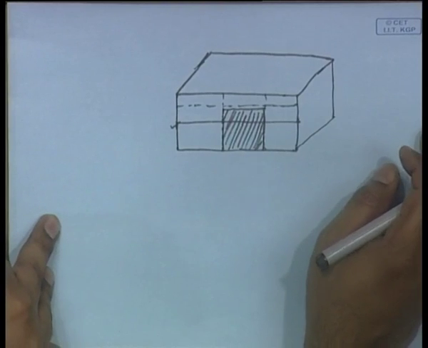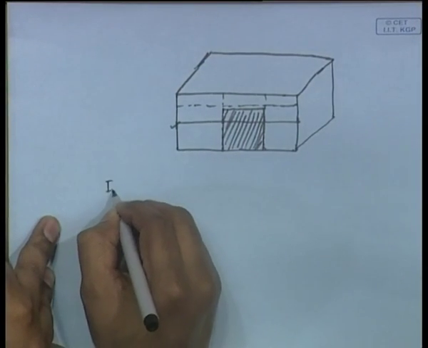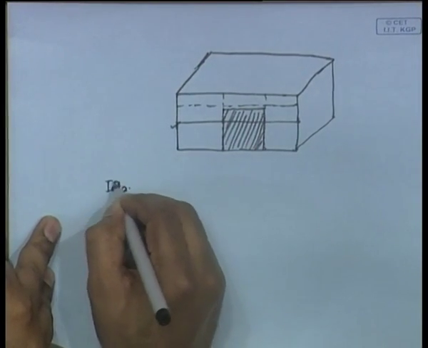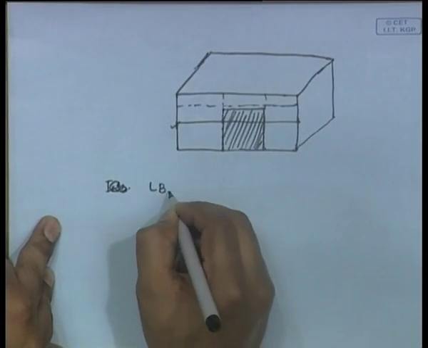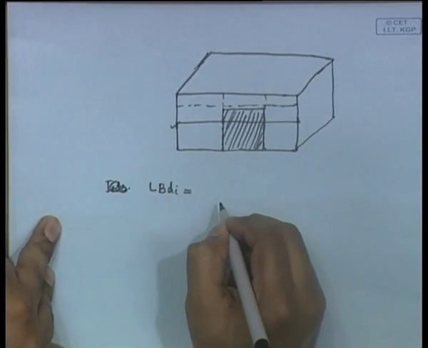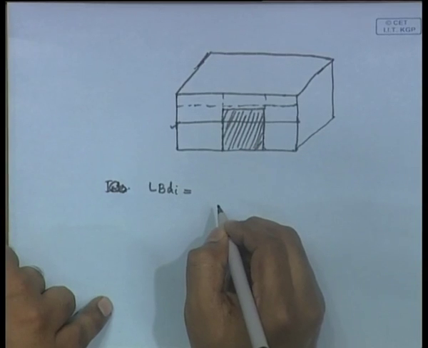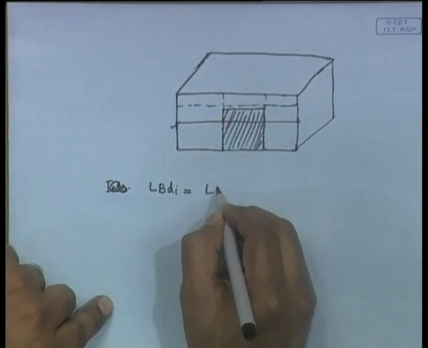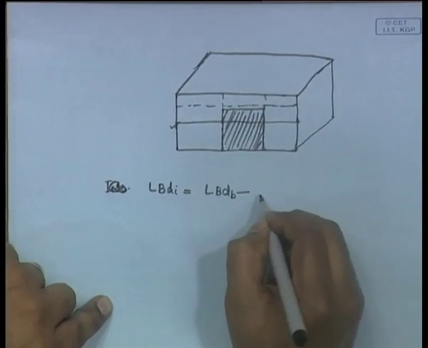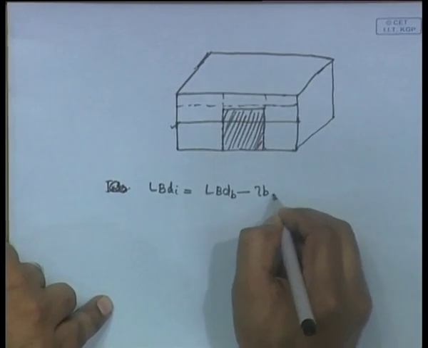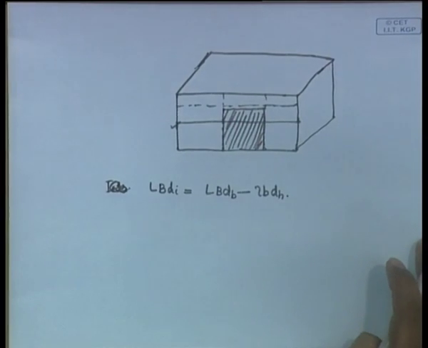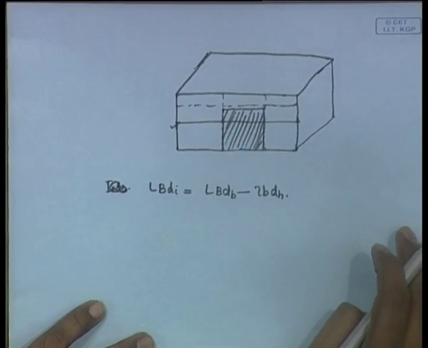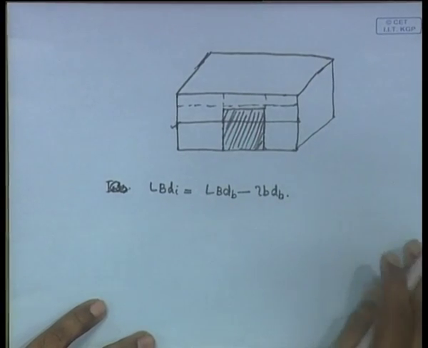First of all, to solve this we use the formula. This formula we have done, if you remember. LBD initial gives you the total intact volume, meaning before bilging, and this gives you the distance dB.